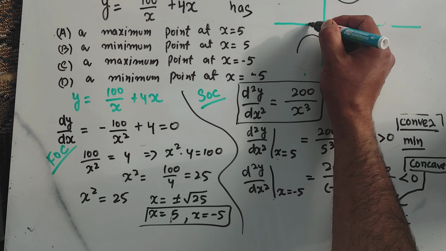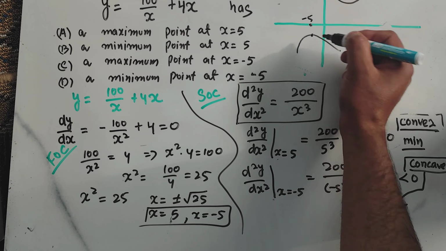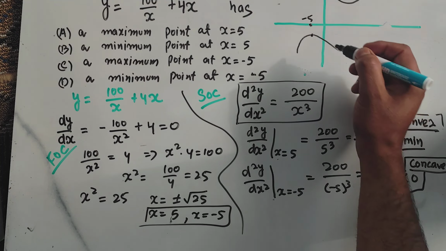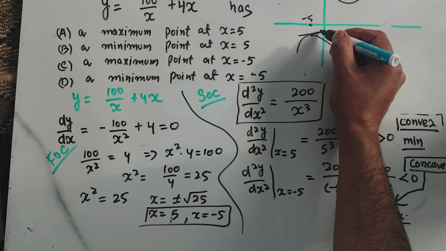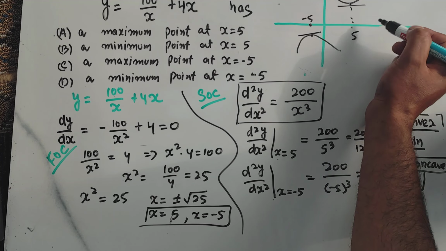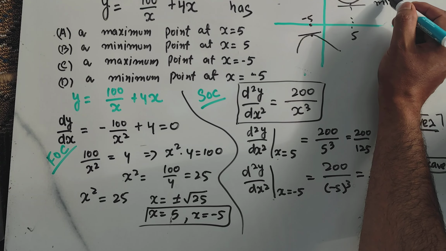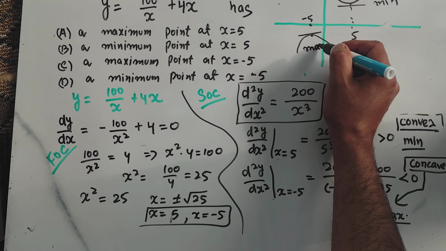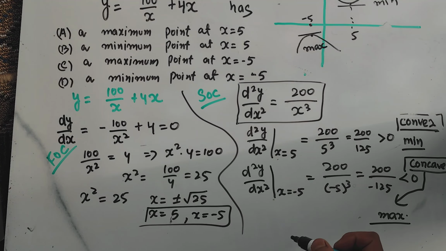So at this point x is equal to negative 5, the function has maximum. So this point is maximum since slope is equal to 0, and at this point when x is equal to 5, it is a minimum point. So when x is equal to 5, we have minimum point. When x is equal to negative 5, we have maximum point.